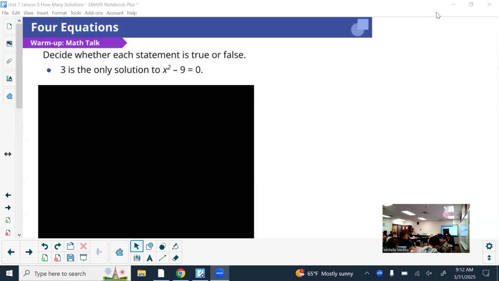3 is the only solution to x squared minus 9 equals 0. Put your thumb up when you think you know whether that is true or false.